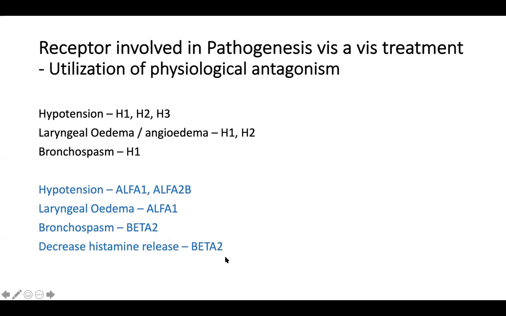Now, decreased histamine release: adrenaline has a fourth action because in the mast cell and basophil there is the beta-2 receptor, and when this beta-2 receptor is occupied by adrenaline, there is a reduction in histamine release from the mast cell as well as basophil. So the fourth action, reduced histamine release, is also taken care of by adrenaline. Next slide, please.